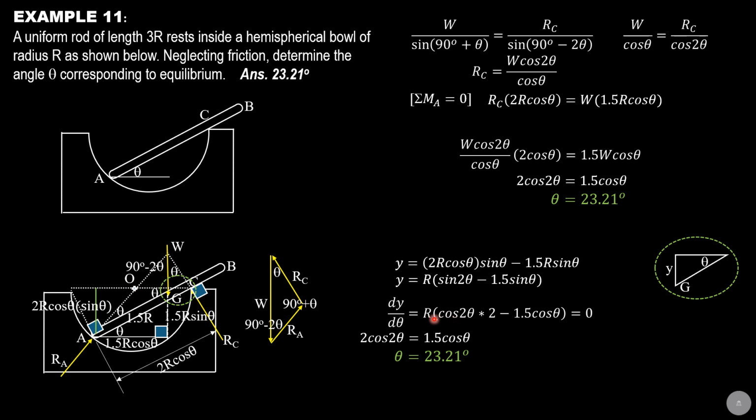So 0 divided by r is still 0. Therefore, 2 cosine 2 theta minus 1.5 cosine theta equals 0, or simply 2 cosine 2 theta equals 1.5 cosine theta, which is the same equation arrived at in the first solution. So therefore, the answer is the same.